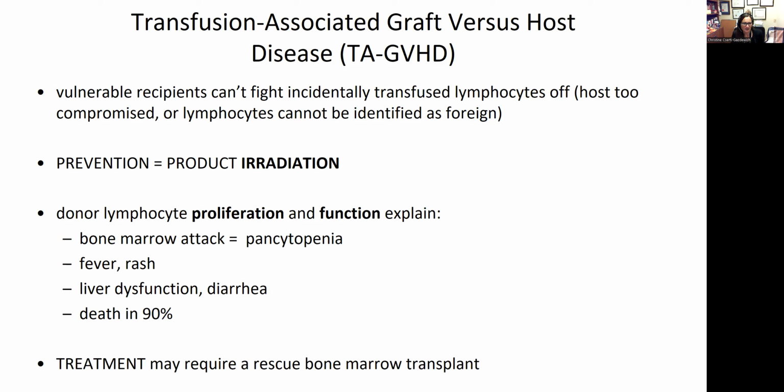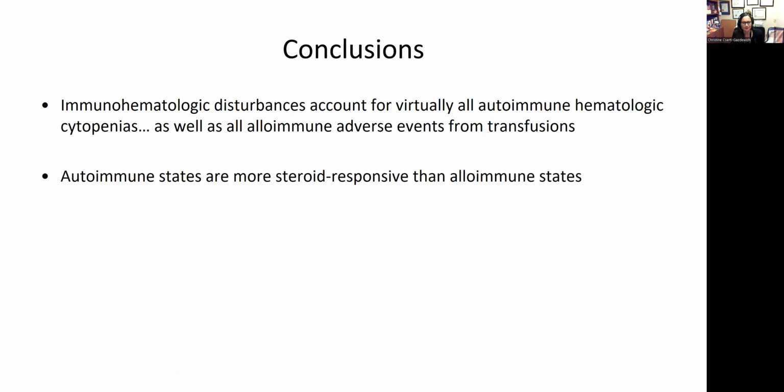Rescuing these patients ultimately requires reseeding the bone marrow with stem cells. So that's essentially a bone marrow transplant. And I've never seen anyone survive this condition. It is very rare. It's a 1 in a million event. But we're a very big hospital that's transfused more than 1 million products. So if anything like this is going to happen, it's here.